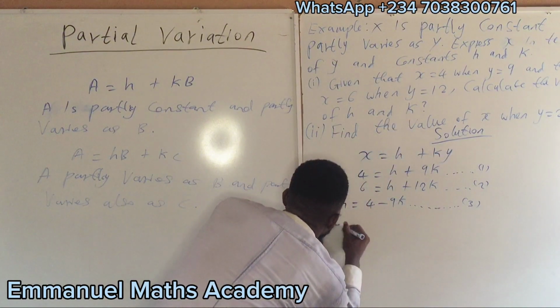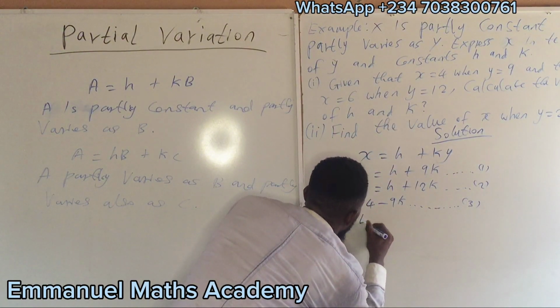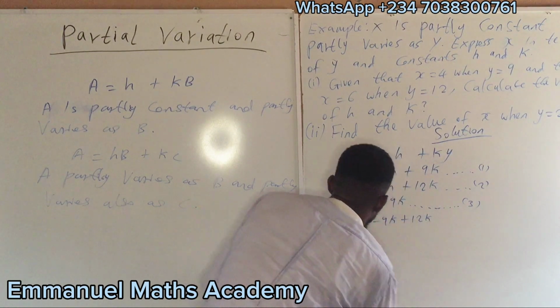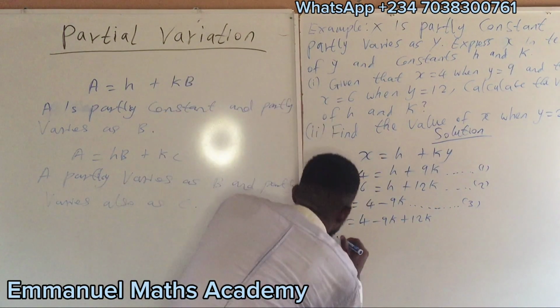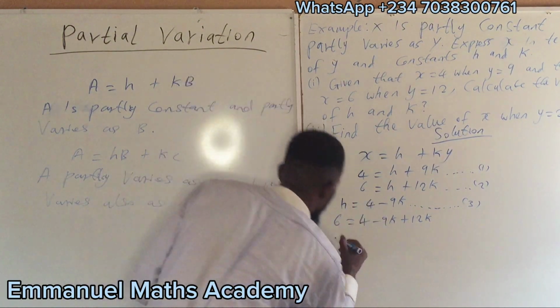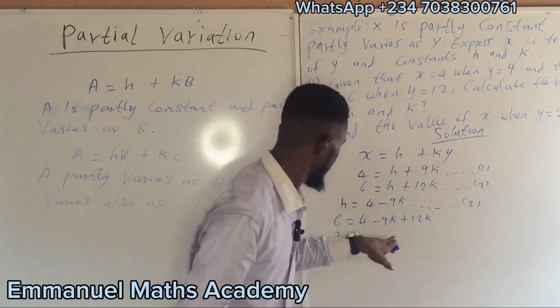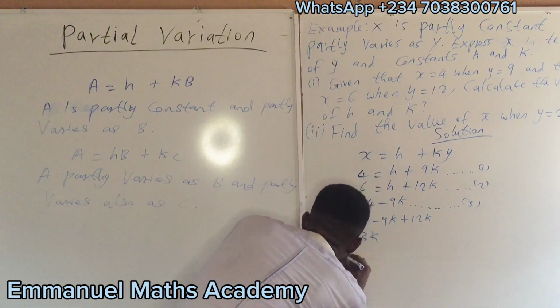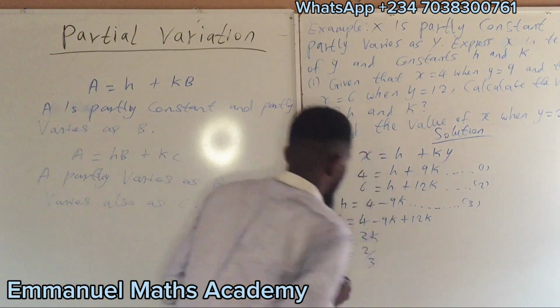You now have 6 equals 4 minus 9K plus 12K. If 4 comes to this side, 6 minus 4 gives you 2, equals 12 minus 9, which gives you 3K. That means K is equal to 2 over 3.